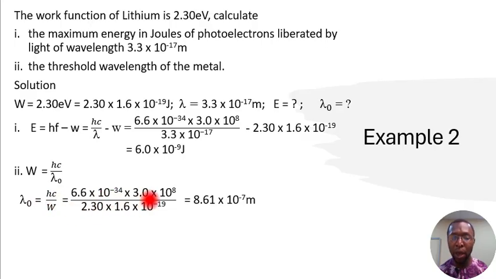So we substitute the value here all over the work function, which is given here as 2.3 electron volts, but in joules is this, so we substitute it here as well. When you simplify all of this with the calculator or using your law of indices, you have your threshold wavelength to be 8.61 times 10 raised to power minus 7 meters.